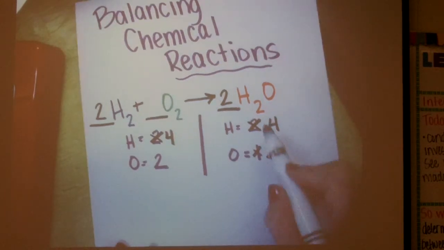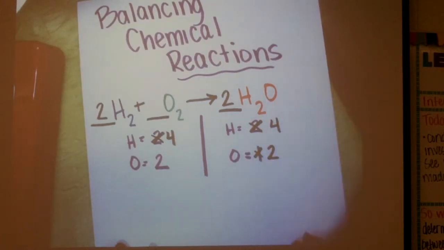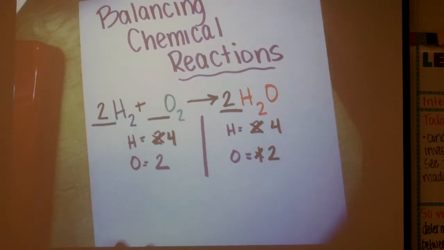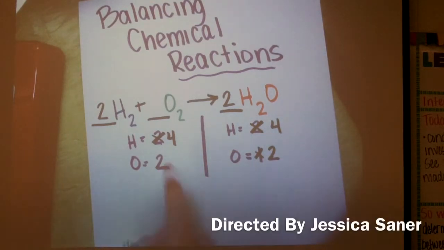When we ended it, we still had hydrogen and oxygen. We need to make sure that there are the same amount of atoms of each atom on each side. So there are 4 hydrogen and 2 oxygen on the reactant side, 4 hydrogen, 2 oxygen on the product side. Since these match, this equation is balanced, which also demonstrates the law of conservation of mass.